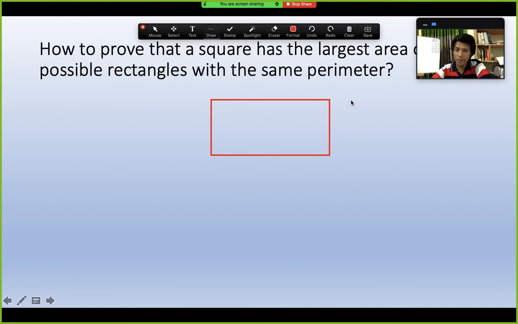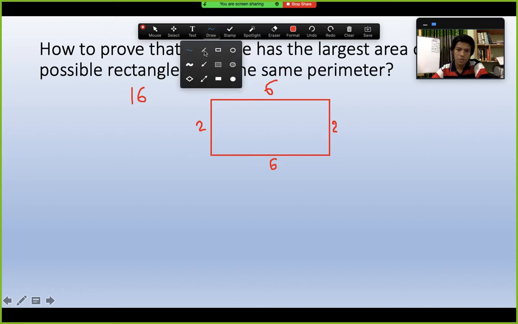Suppose our perimeter is 16. So how can we construct it? One way is to write 2 and 2, so 2 plus 2 is 4, then we need 6 and 6. This way we can construct it.